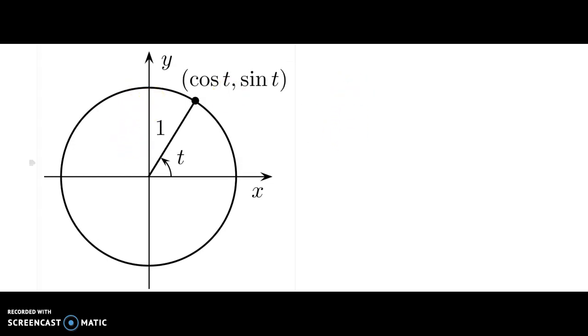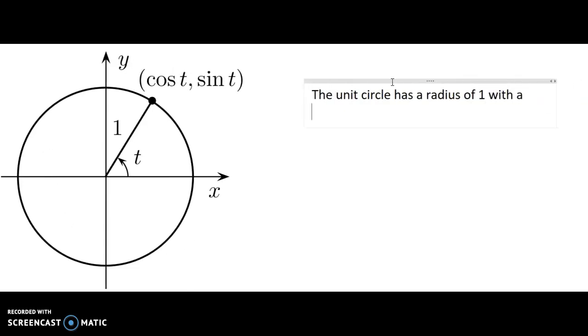For example, the first fact is going to be the unit circle, and I would write this down too, has a radius of 1 with a center at the origin.